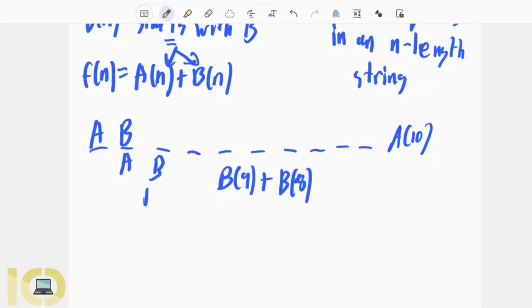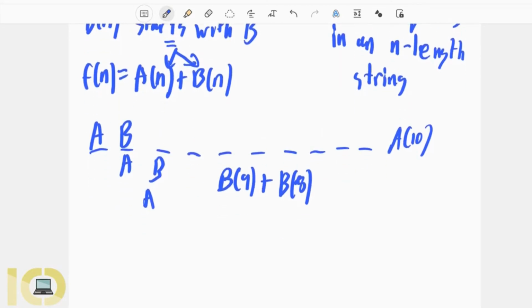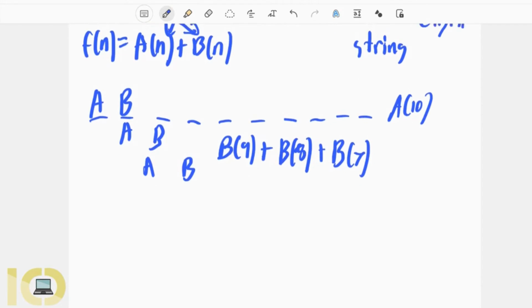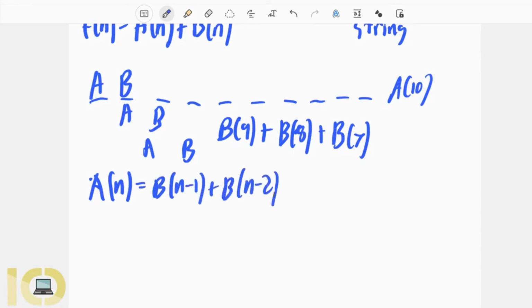And then we have the triple A's, and since there can only be 3 adjacent maximum, we have B here. So this is B of 7. Now, as you can see, this is the case where there's A, but the case with B in front is the exact same because these two cases are symmetrical. So we have A of n, I'm going to generalize this for n because it's very useful, is equal to B of n minus 1 plus B of n minus 2 plus B of n minus 3.